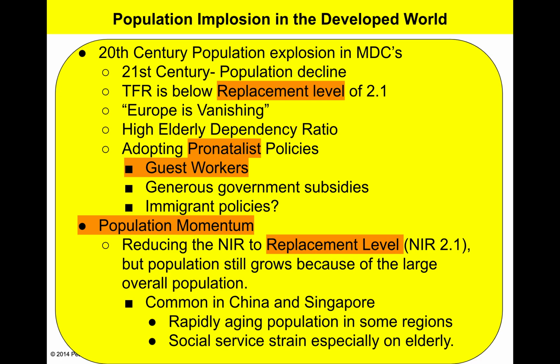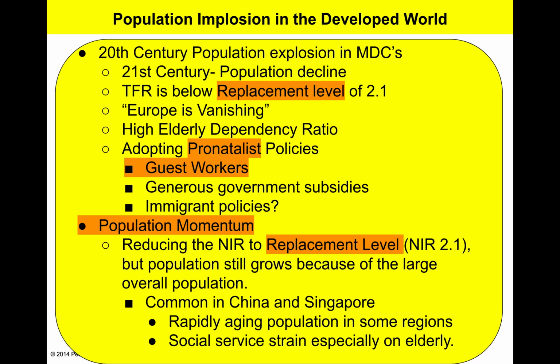They'll also recruit native Japanese to come back to Japan. Those are pronatalist policies. And then they might have immigrant policies that limit immigrants into the country. Guest workers would be immigrants that come usually for low-skilled jobs from less developed regions to work in more developed countries for a lower wage. But immigrant policies would, again, limit the number of immigrants in a country and thus encourage more births per woman, a higher total fertility rate.